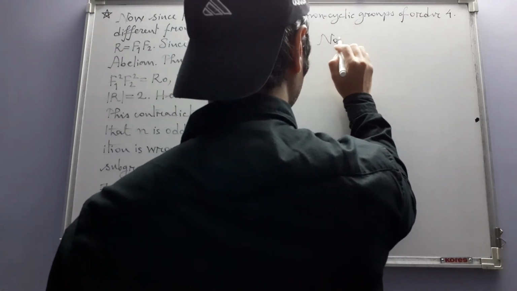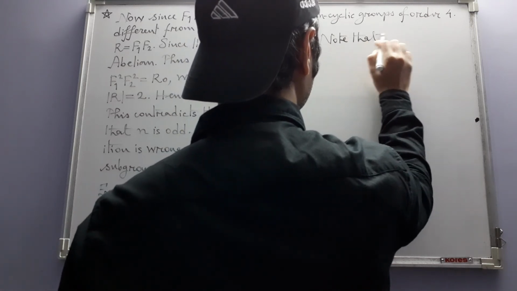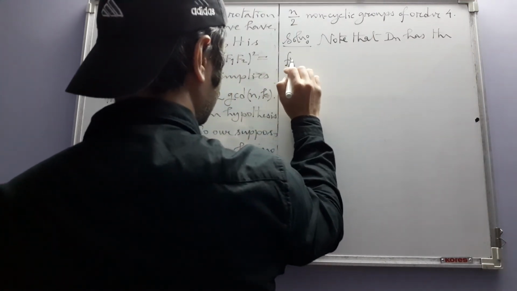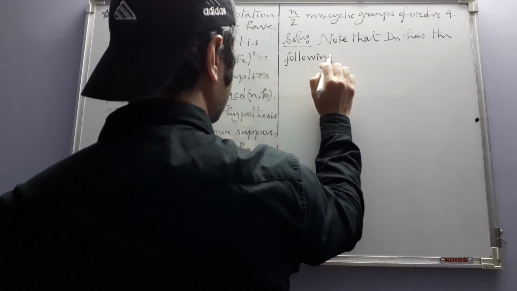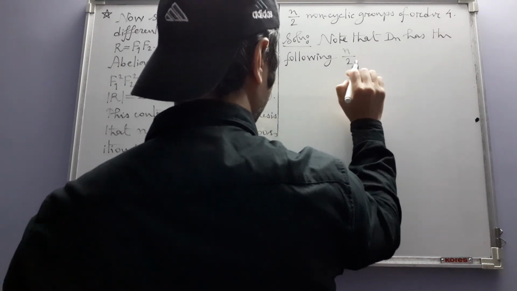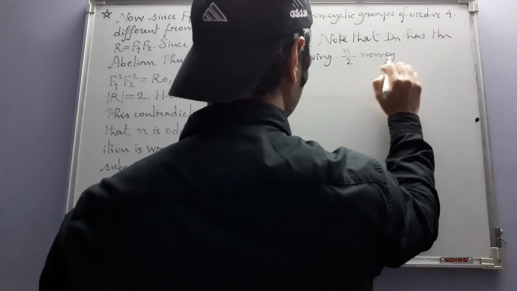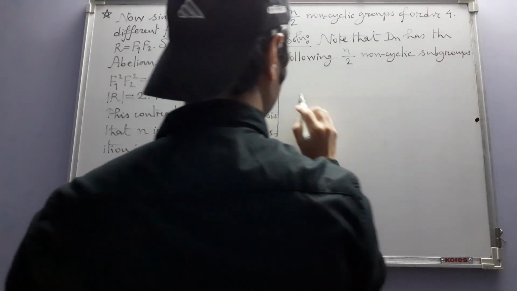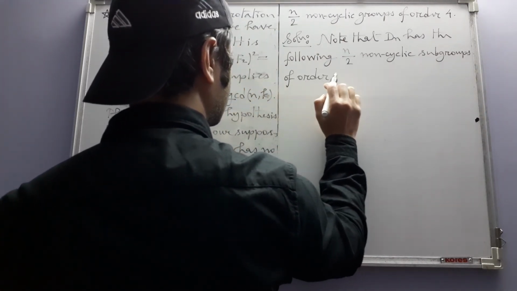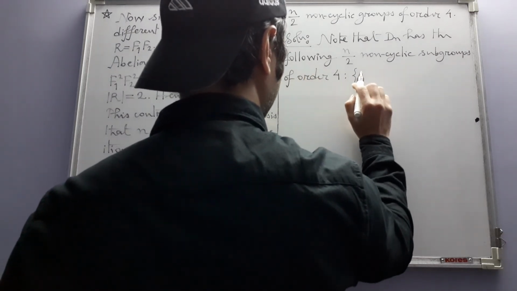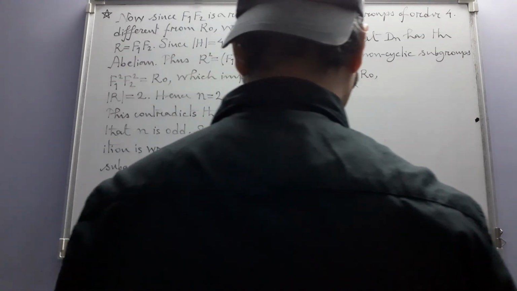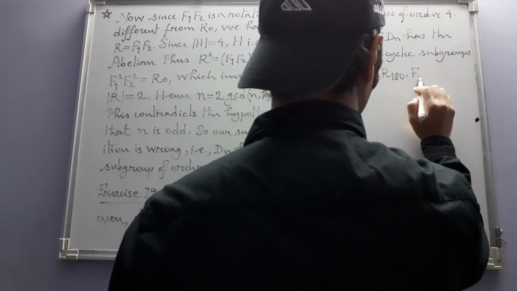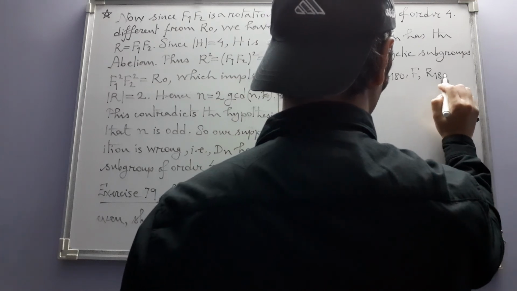Note that Dn has the following n divided by 2 non-cyclic subgroups of order 4 whose elements look like this: R0, R180, F, and R180F.